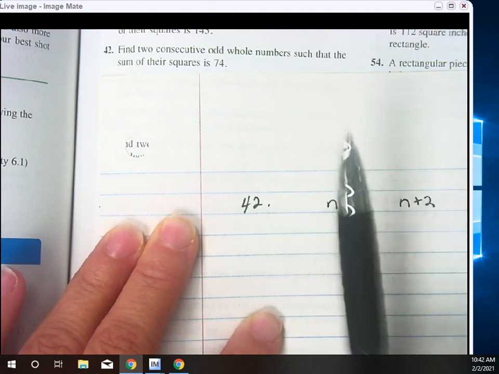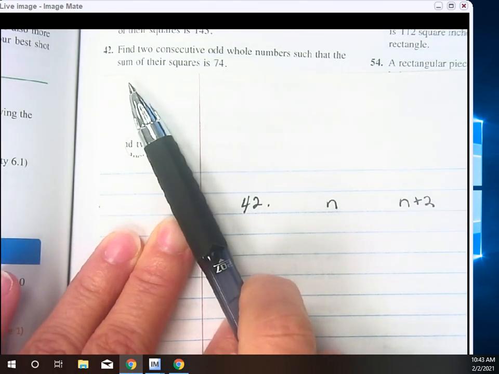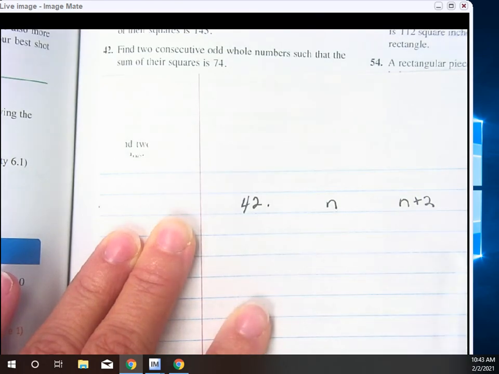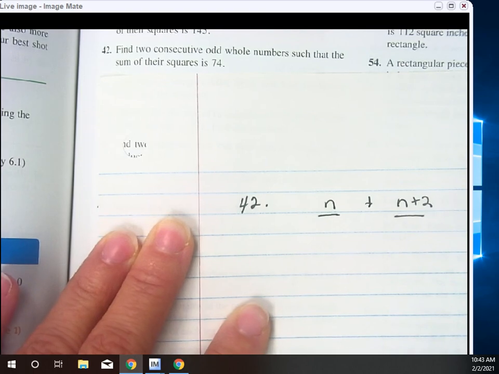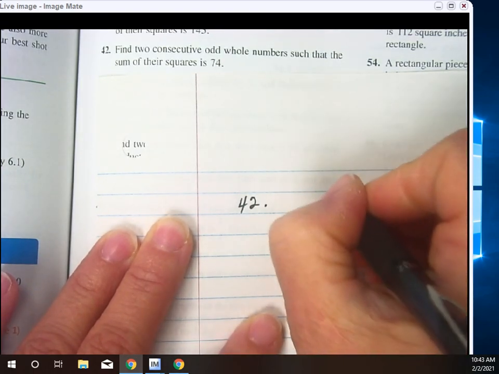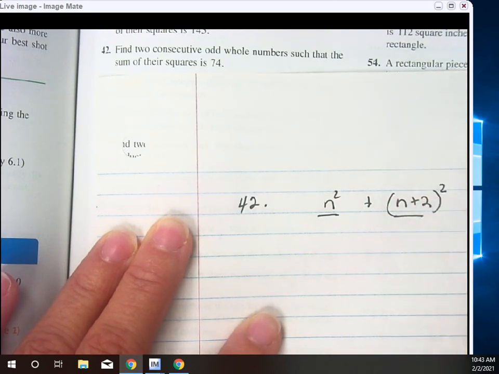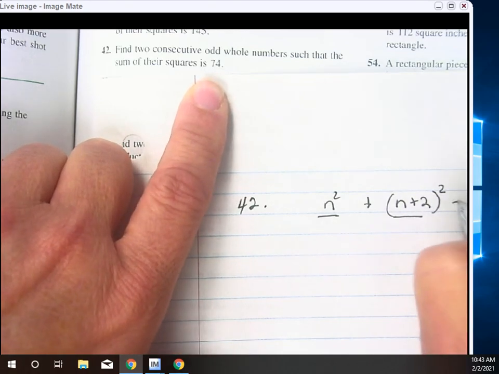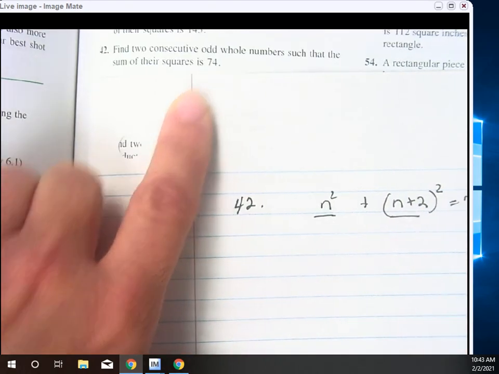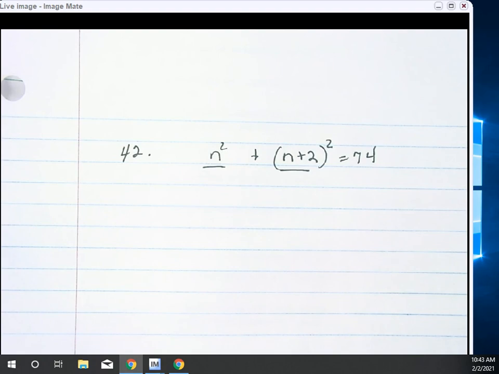Such that the sum means add, such that the sum of their squares, how do I show their squares? Yeah, square it. Quantity squared is means equals 74. Okay, so there's my equation.